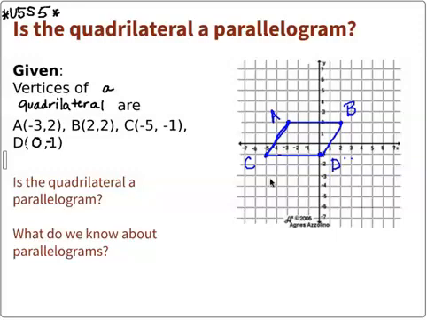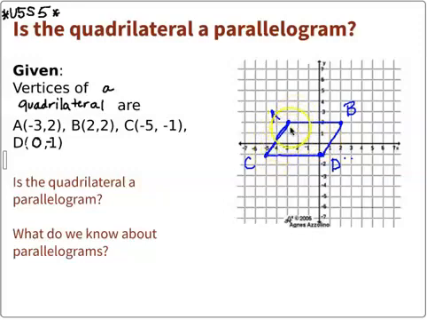Well, didn't we learn a lot of properties about parallelograms? We did, and we just reviewed all those. So let's use one of our properties to prove this is in fact a parallelogram. What do we know about the sides of parallelograms? We know that opposite sides are congruent. So one thing you could do is find the distance between your 2 sets of opposite sides, using the distance formula.